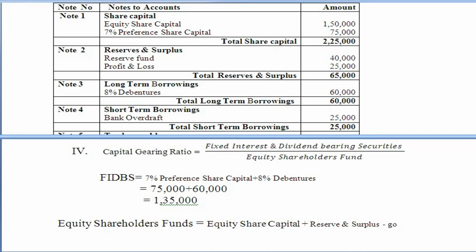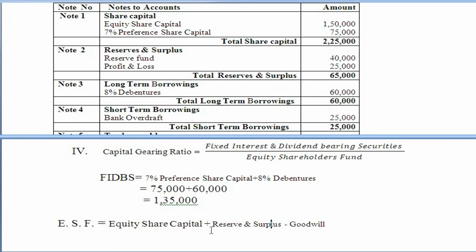Here only a few adjustments are there, so instead of preparing a table, we can calculate over here, okay. We will use a shortcut. Equity shareholders fund is equal to equity share capital plus reserves and surplus minus goodwill, okay.